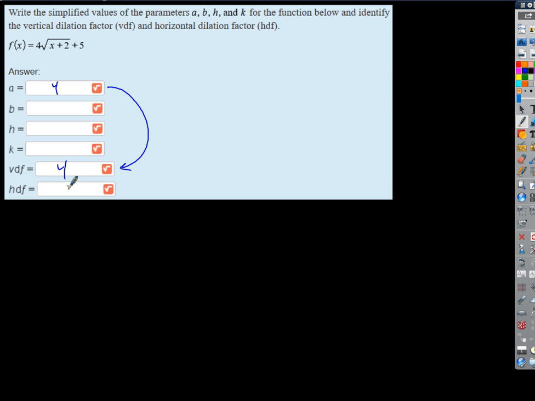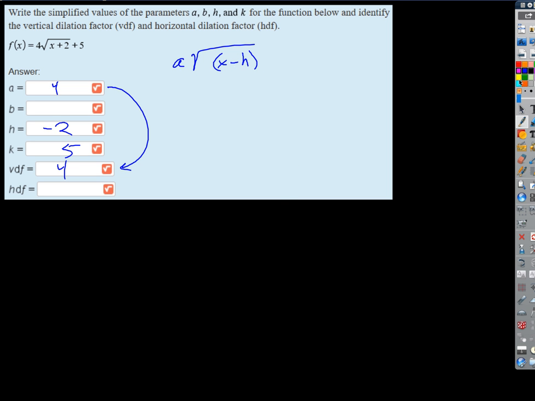So what are h and k? Those are easy. 2 and 5. -2? You see why it's -2? Yeah. Okay, -2 and 5, because, now why is this? Think about what we're doing. If our parent graph is a square root, then our function is going to look like this: a times the square root of x minus h.